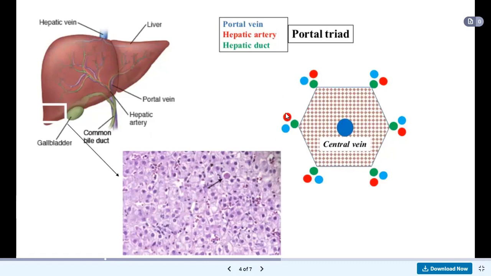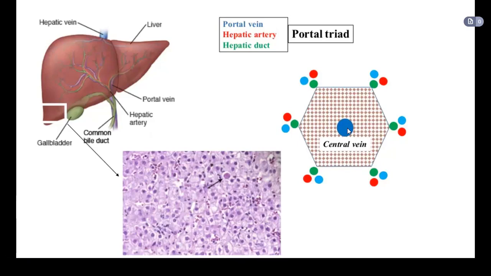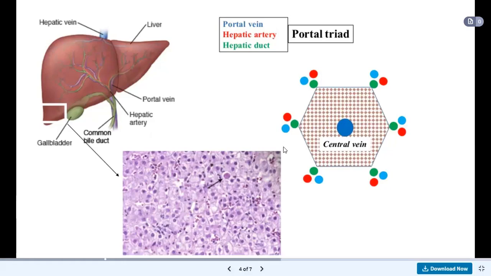And then in the middle of that hepatic lobule, you will see the central vein, which we said drains blood from the liver and then joins the hepatic vein to drain into the inferior vena cava. So this is a liver lobule here. And at the edges of this liver lobule, you will find the portal triad.